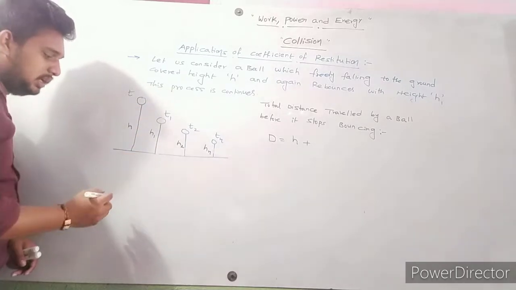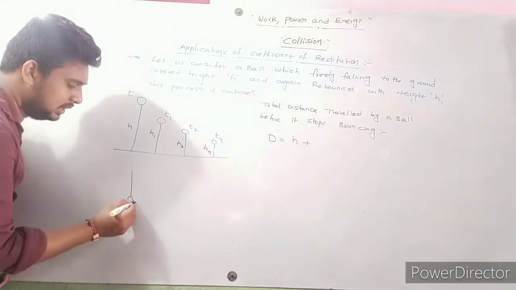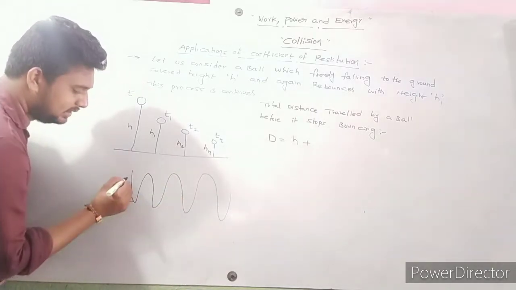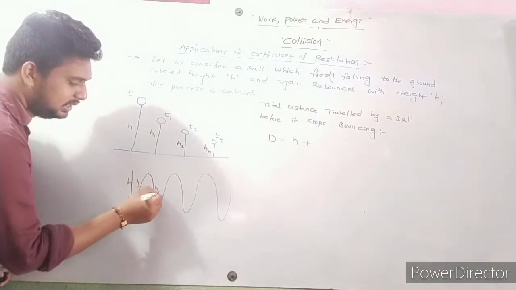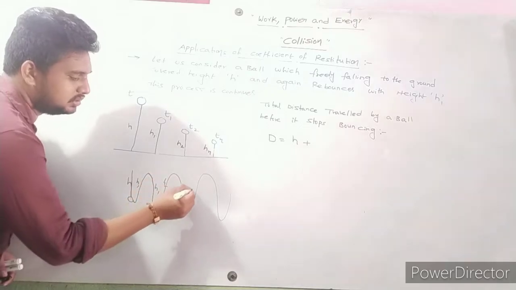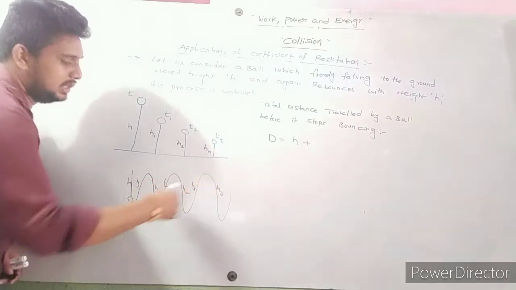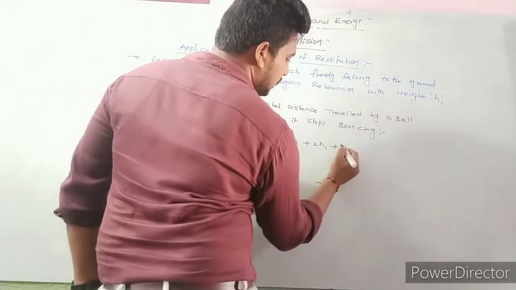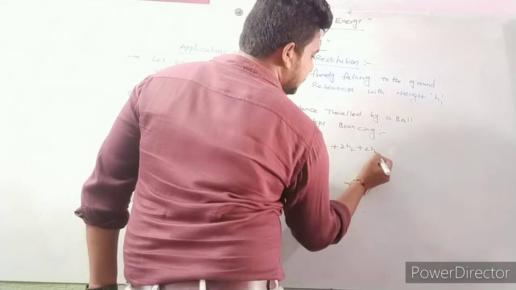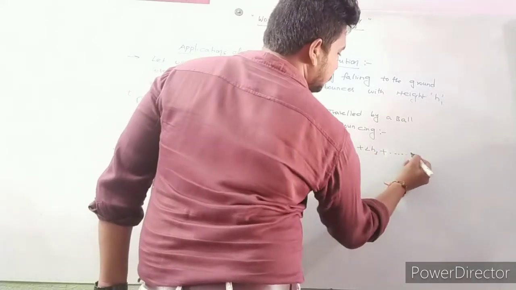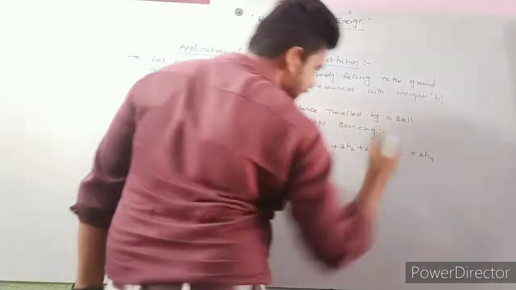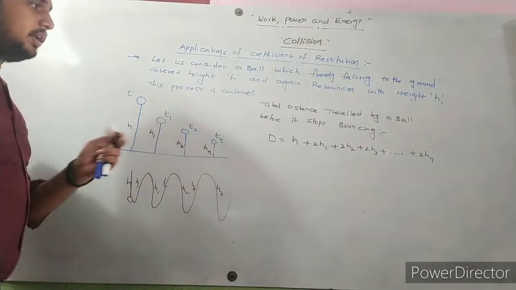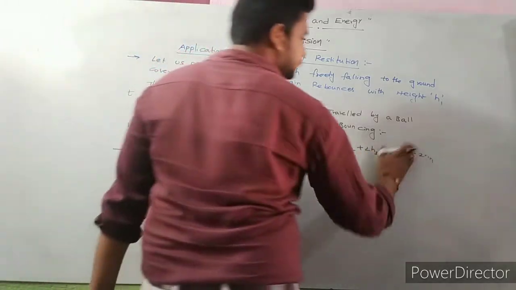Like this it is going to be: h, then h1 and again h1, h2, h2, h3, h3. So that means we can add 2h1, 2h2, 2h3 and so on, 2hn.